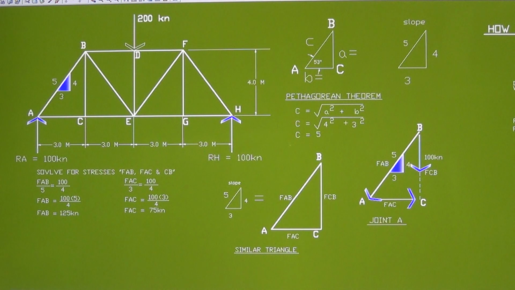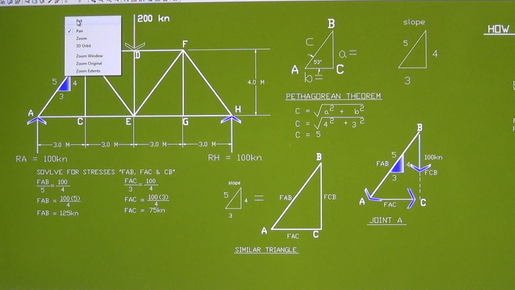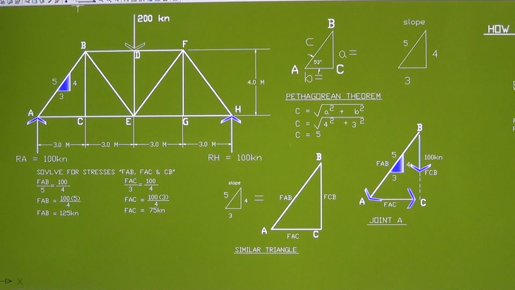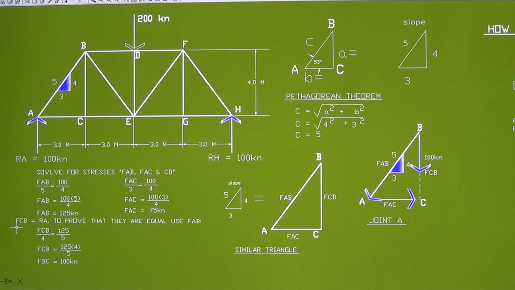Here's one more thing here, the reaction. The FCB right here is equal to RA. That's why I transferred it here.